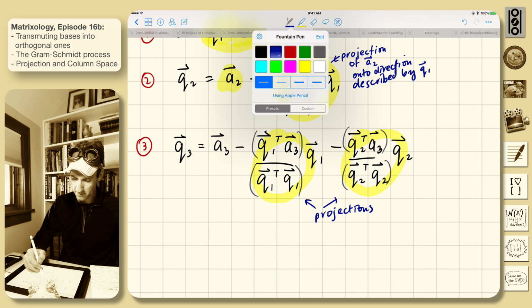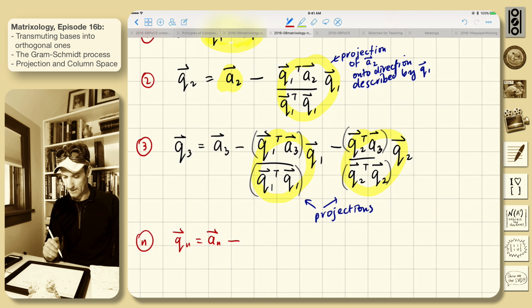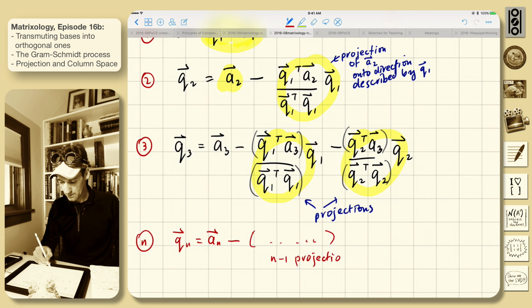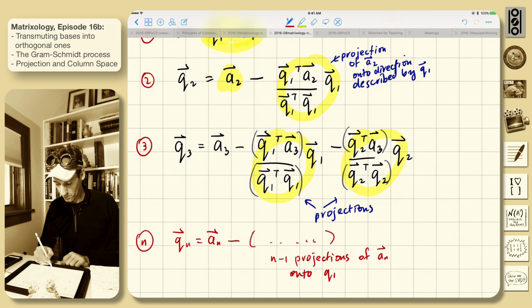And in general, the nth step would be Qn equals An minus all this stuff. It'd be n minus 1 projections of An, the nth basis vector that we were given to start with, onto Q1, Q2, and so on up to Q(n minus 1).